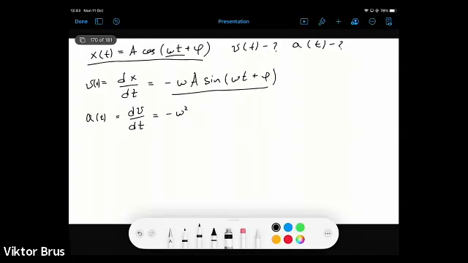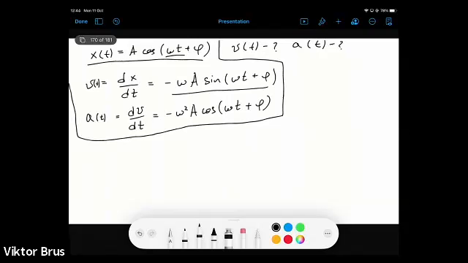So it will be minus omega squared times A times cosine omega t plus phi. So these are three equations which describe the kinematics of the simple harmonic motion.